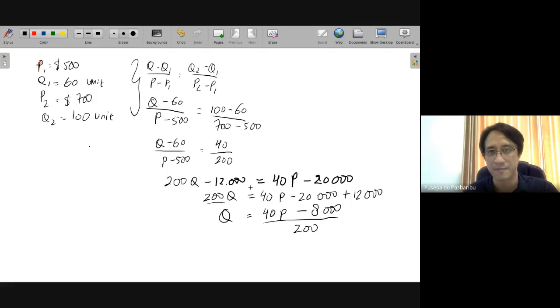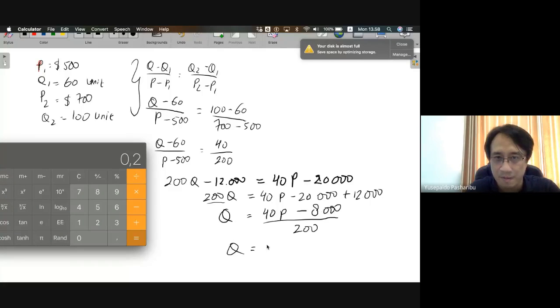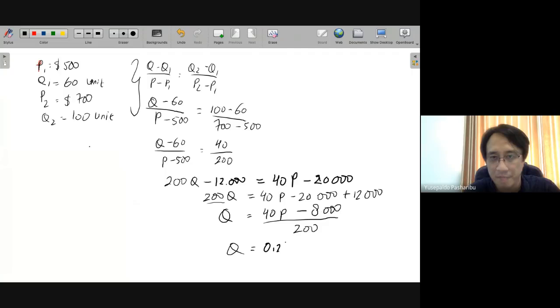Got it? 200 becomes the divisor. And then Q equals 40 divided by 200, which is 0.2 P, and then this must be minus.